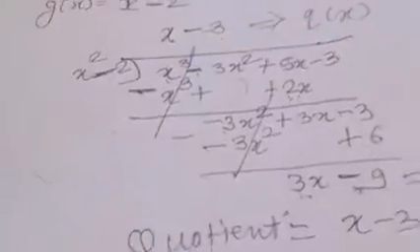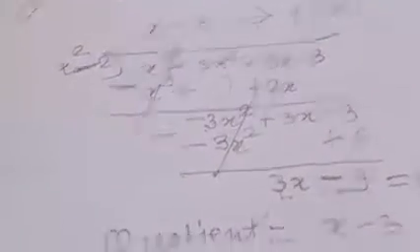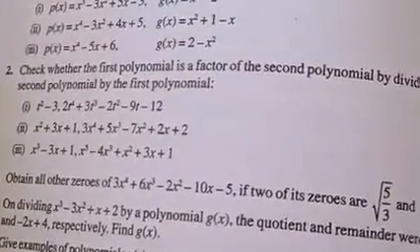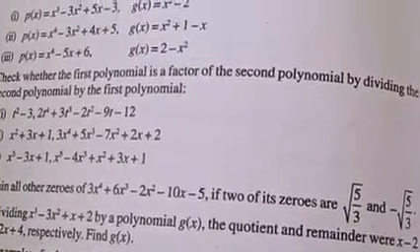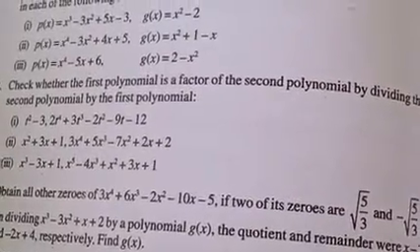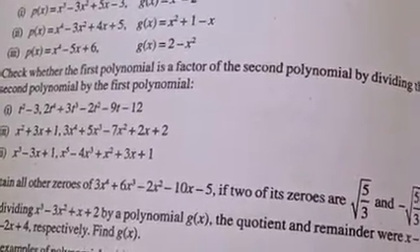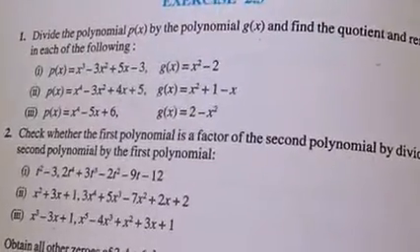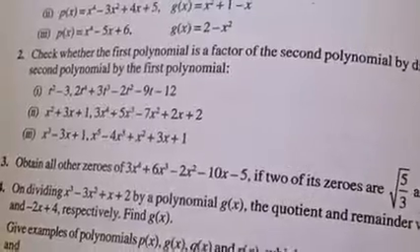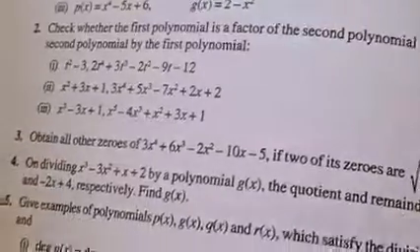Okay. Now we see question number 2. Check whether the first polynomial is a factor of the second polynomial by dividing the second polynomial by the first polynomial. In the first question we divided first by second. Now second polynomial by the first polynomial.